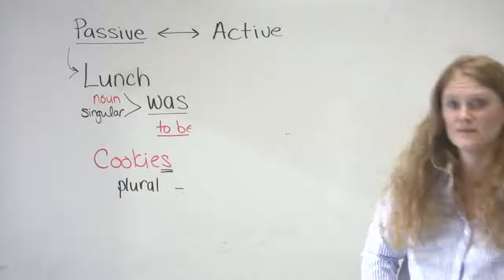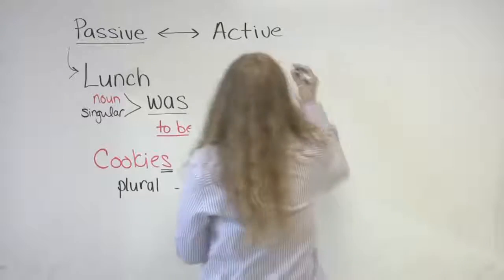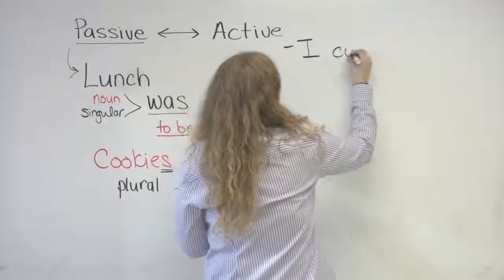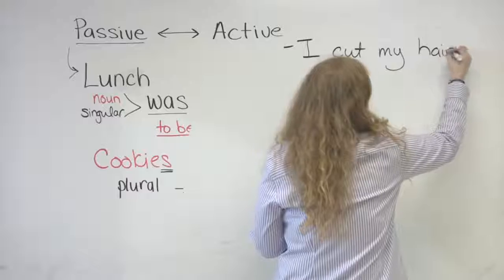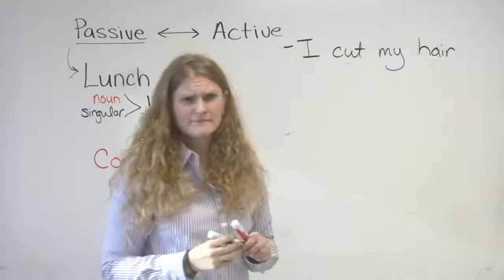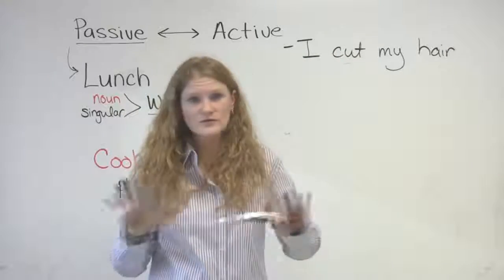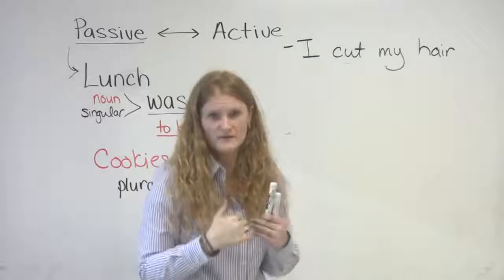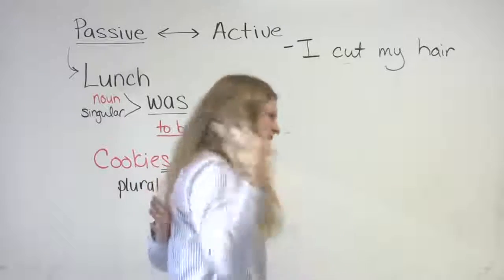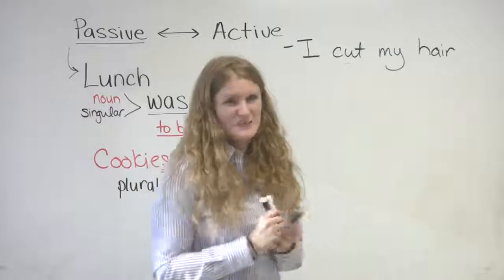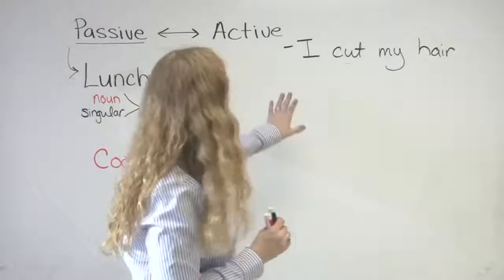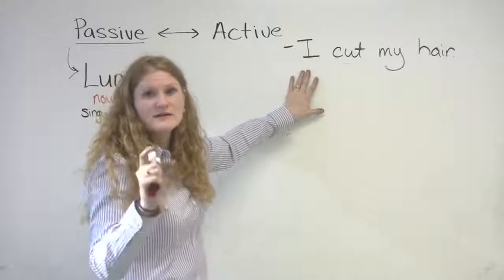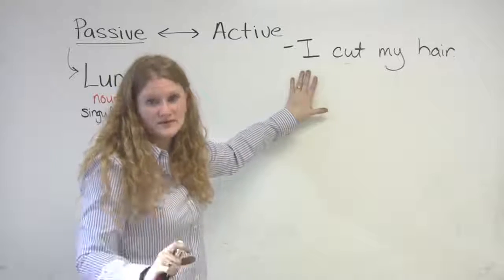If I use an active sentence, I would say, I cut my hair. But most of the time we do not cut our own hair. Probably because we can't get the back and it's pretty dangerous and you probably look funny as well. So, in this case, you need to use the passive.